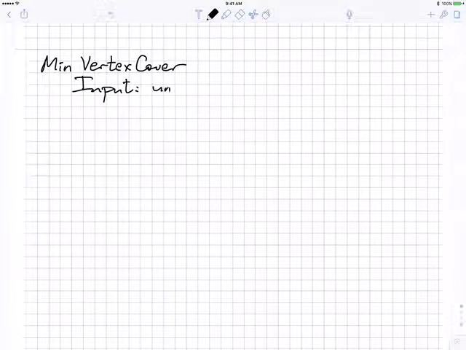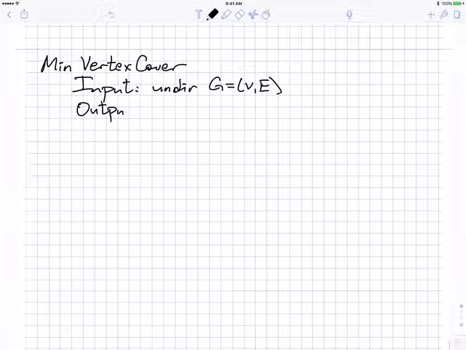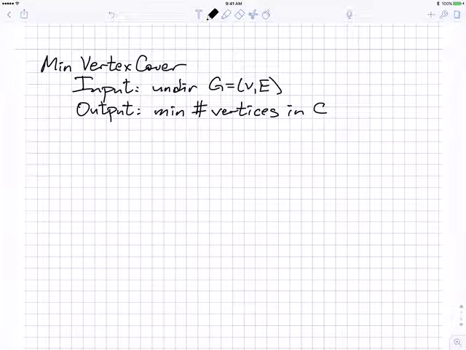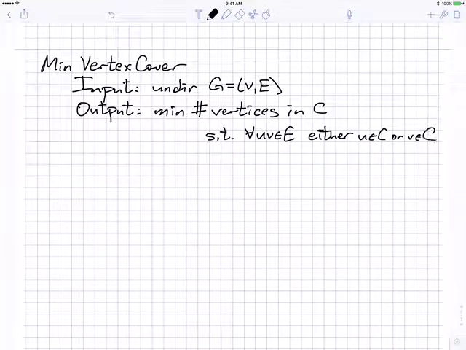The input is an undirected graph G, and the output is the minimum number of vertices in some set C, such that for all edges UV, either U is in C or V is in C. All right, so I want to choose the smallest subset of the vertices that I can that touch every edge, or that cover every edge. Okay?